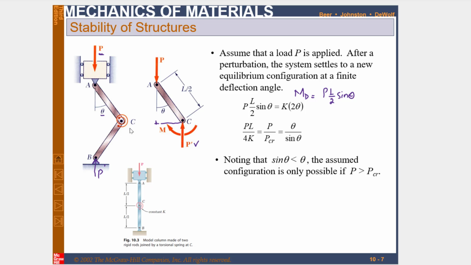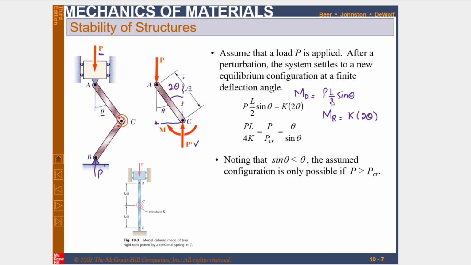And the torsional spring at point C will tend to restore it. So this moment will be equal to K into 2 theta. Why? Because K is the stiffness constant, and the angle which this bar makes with this axis is 2 theta.